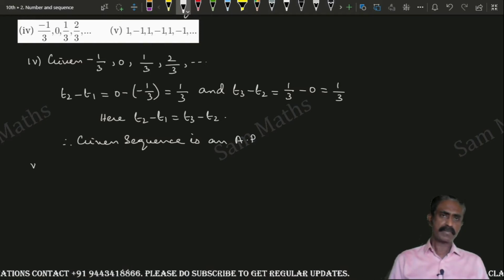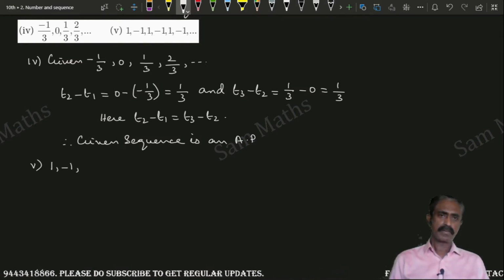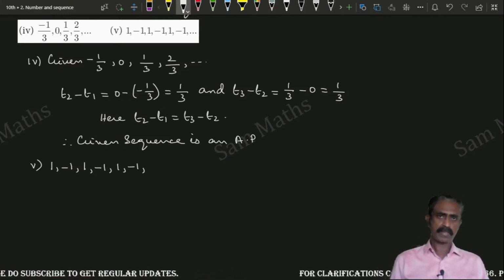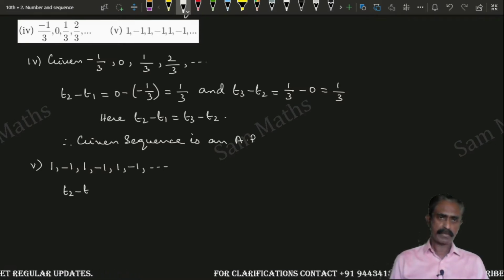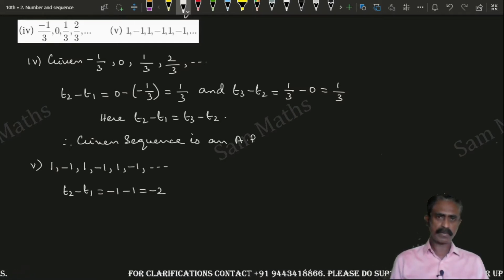Now the fifth subdivision, 1, minus 1, 1, minus 1, 1, minus 1, and so on. Here T2 minus T1 is equal to minus 1 minus 1, that is equal to minus 2.